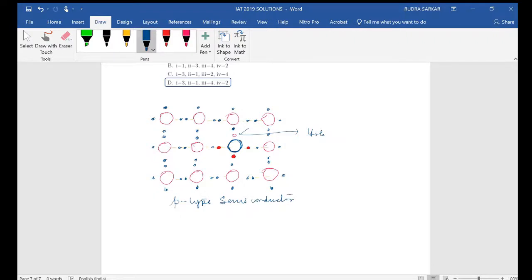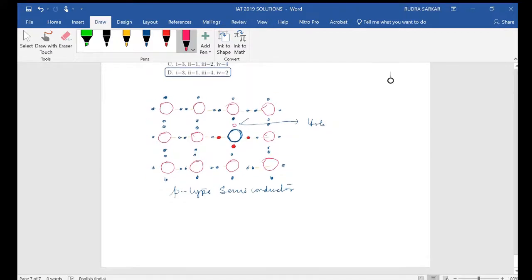Using the same principle, in another place I'm showing. Let's draw a fresh diagram, or let's use this one only. Suppose here we have another different type of doping, this green one.